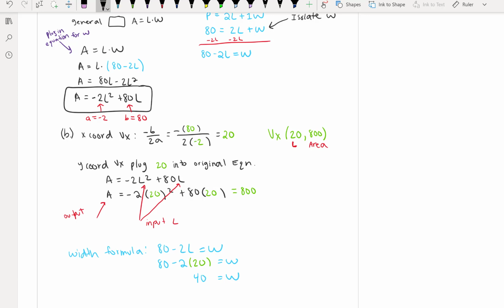So now I have all the pieces of information. So now I know for sure that my length is 20 feet. I know that my width is 40 feet. And I also know that my area was 800 square feet, or better yet, feet squared.